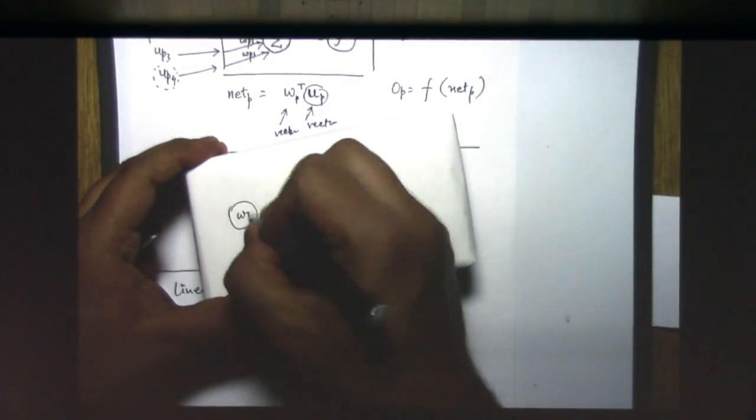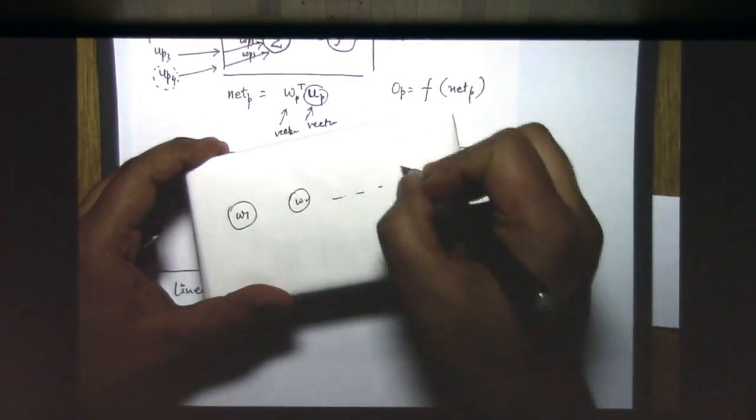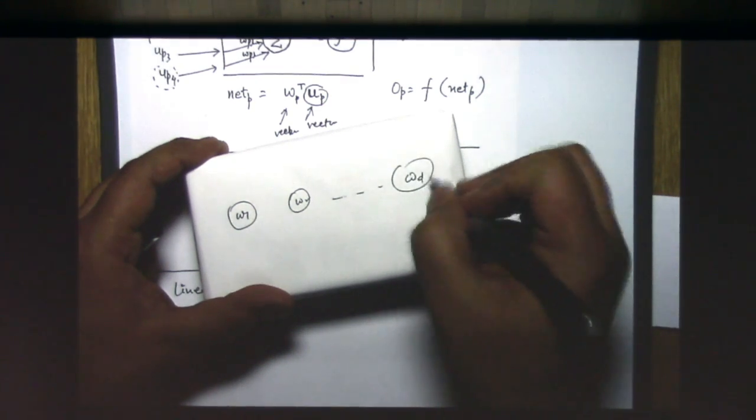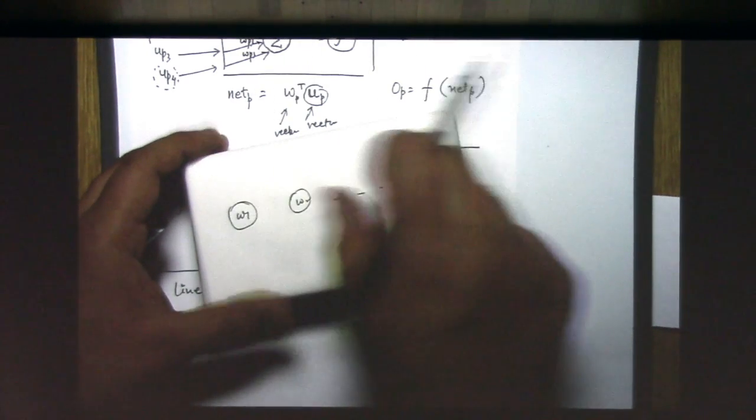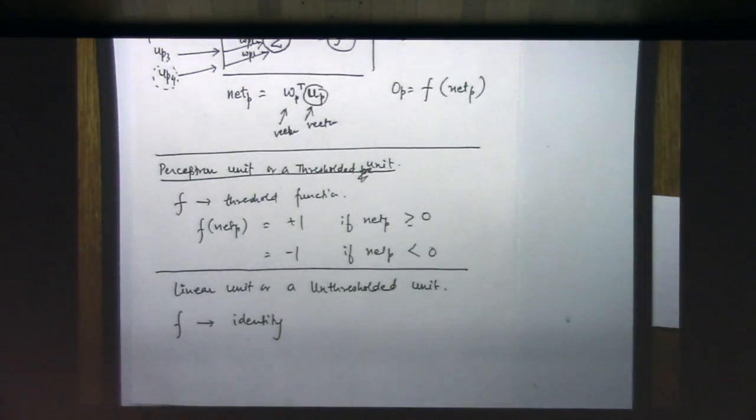So this is W1, W2, whatever, WD, and consider these as those turnable knobs. You have to set these. So how do you set these? You set these by learning these weights from some training data. Now, when you have to learn those weights, we always use a linear unit or an unthresholded unit, and I'll tell you why.